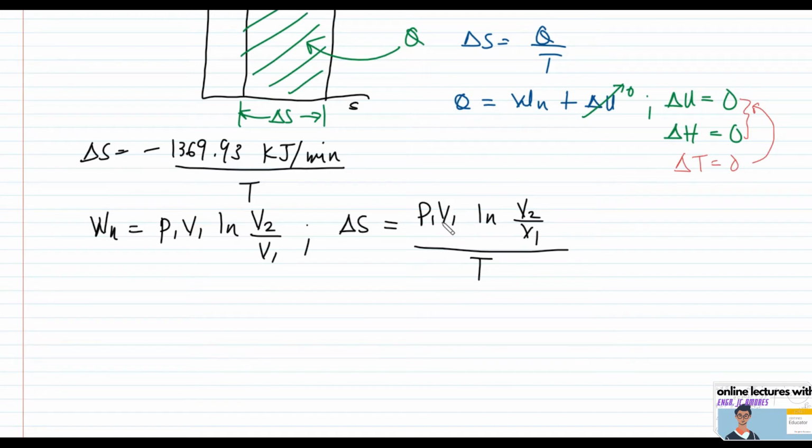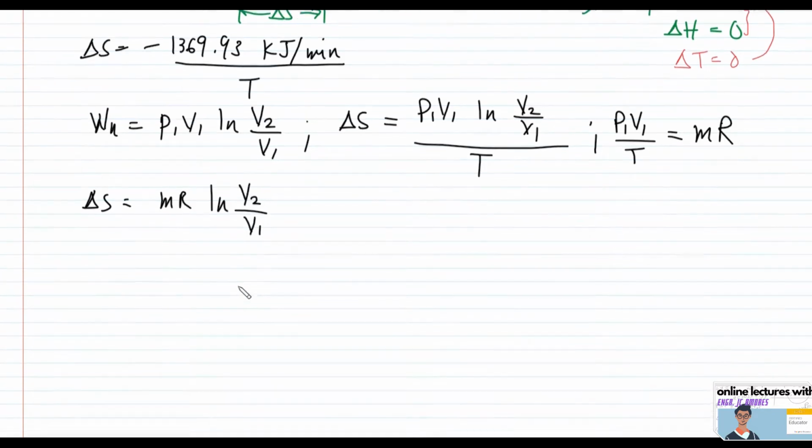Now notice here we have P1 V1 over T, and that P1 V1 over T would simply be your mass times the gas constant, from the perfect gas law. So if we substitute that, we can already solve for delta S, and delta S is equal to mR times the natural logarithm of V2 over V1.